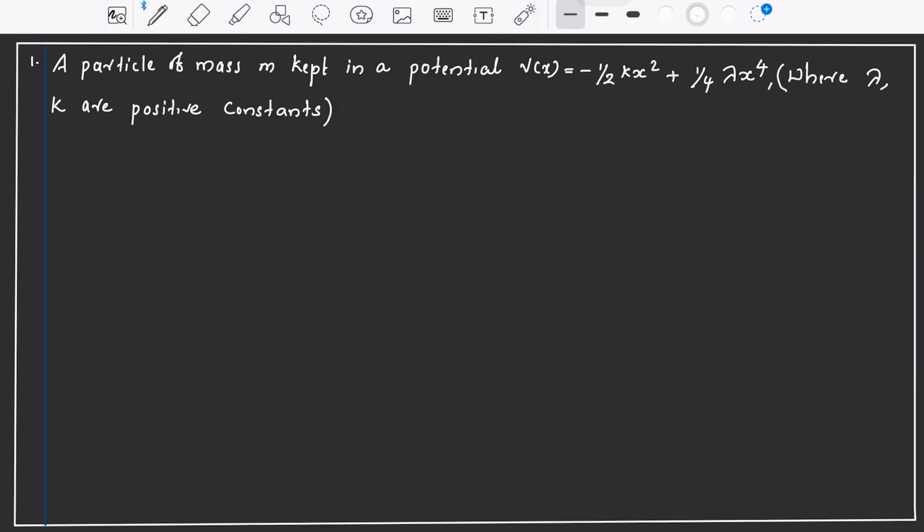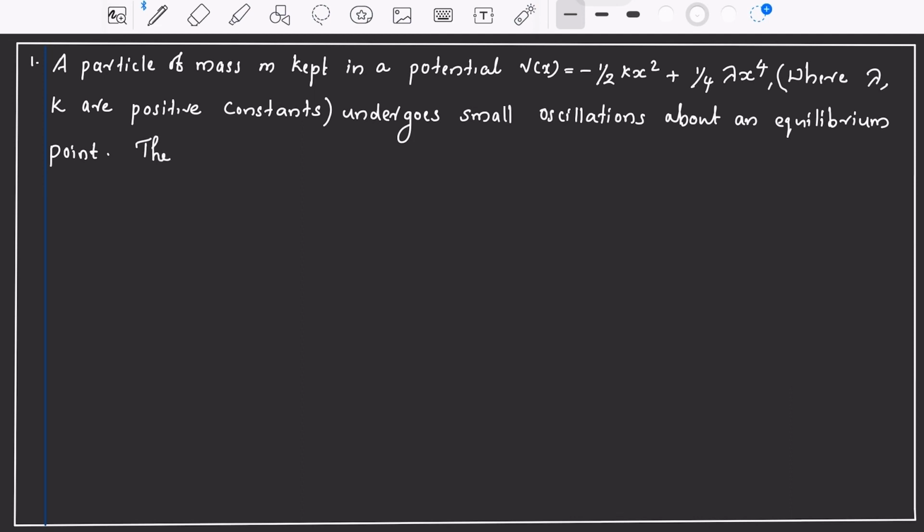Undergoes small oscillations about an equilibrium point. The frequency of oscillation is... four options are given.